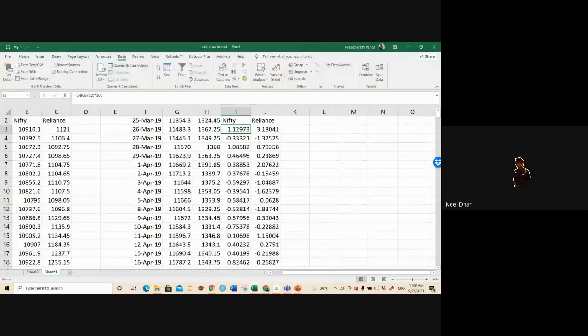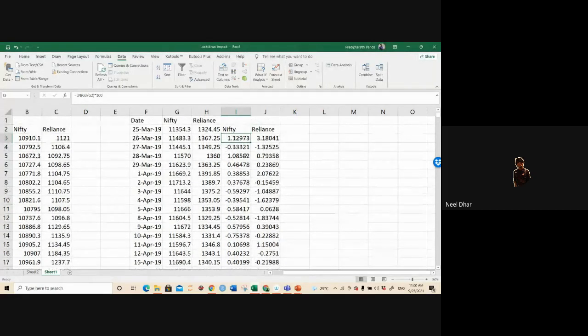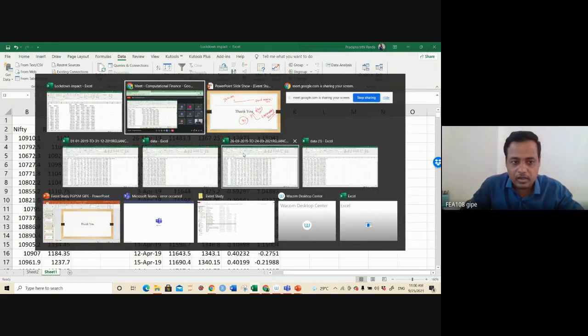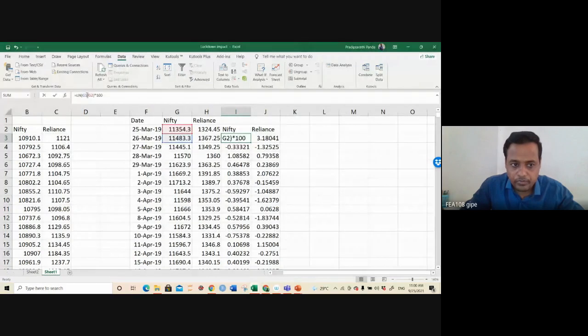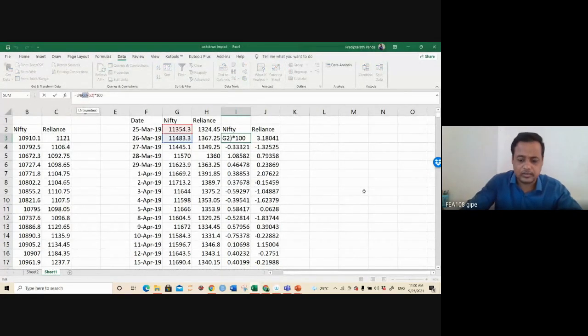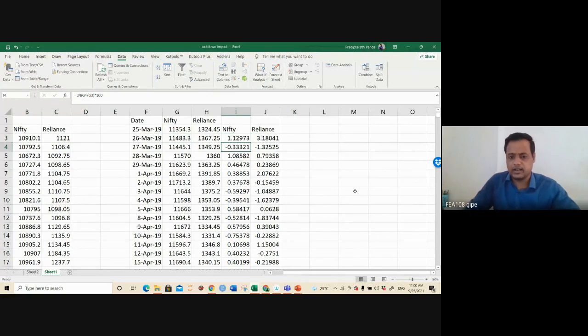For the second row, it is ln(B3 divided by B2) multiplied by 100. Okay, so you have not used this main formula, so there is a slight difference in the return. Almost the same return you will get.